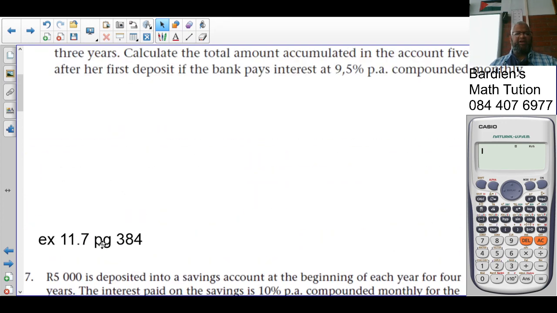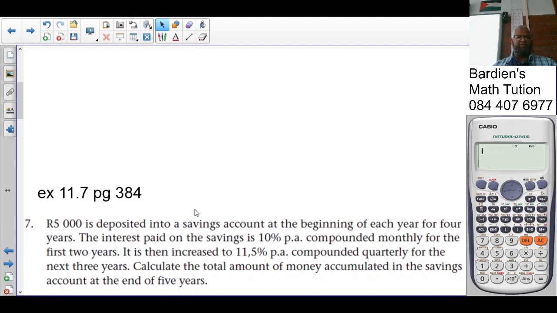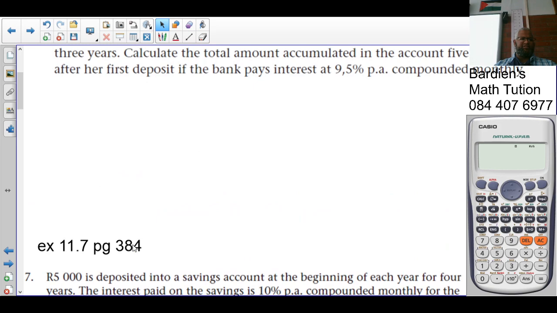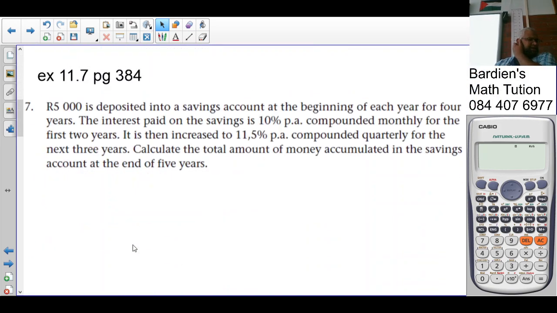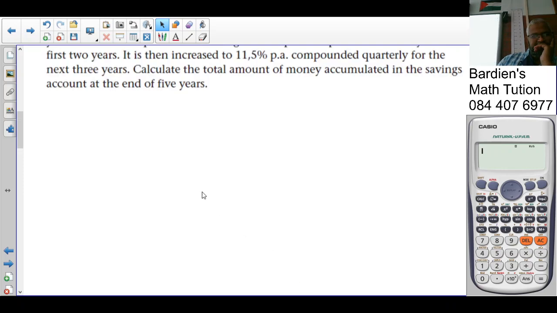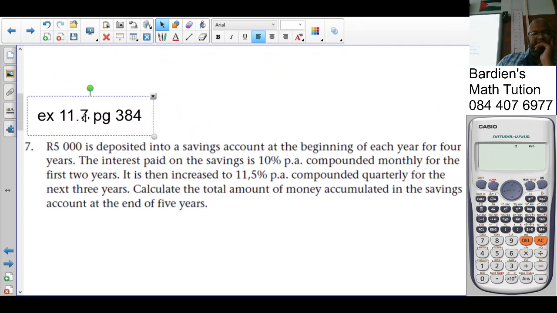Right. Then you have to do exercise 11.8 as well, correct? No. 11.6. Okay, any problems with 11.6? Yes? This is 11.6.